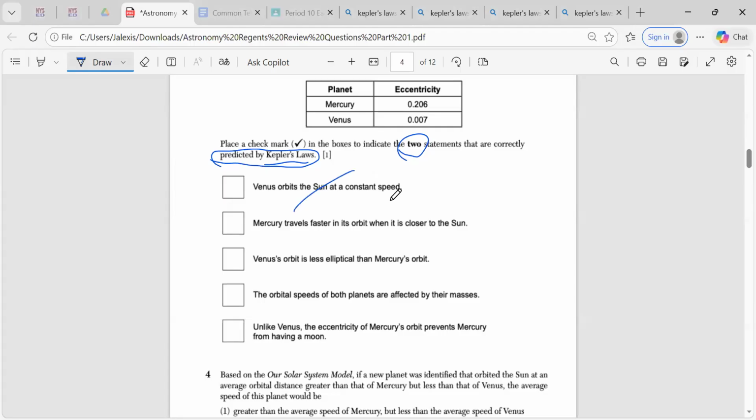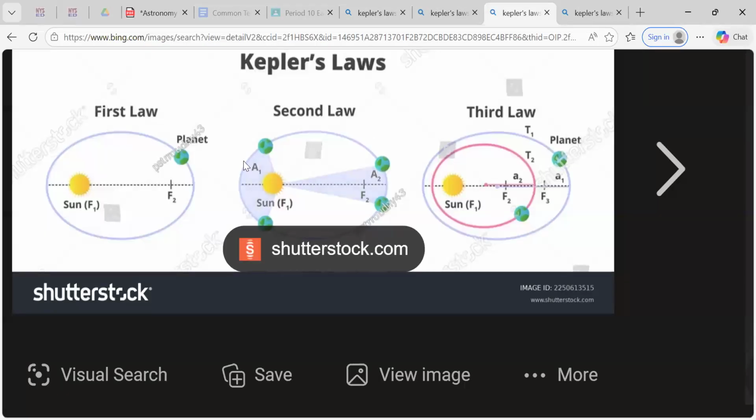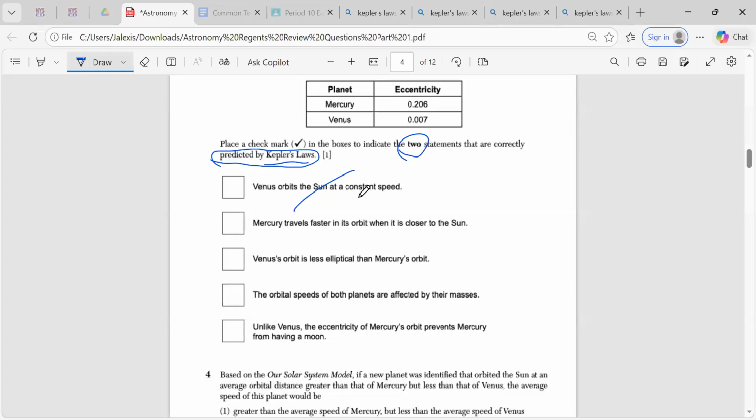That is incorrect because we just stated that a planet will travel faster as it goes closer to the sun and it will travel slower when it's furthest away from the sun. That means that its speed is changing. The word constant means stay the same. But as a planet orbits the sun, it is changing speed.